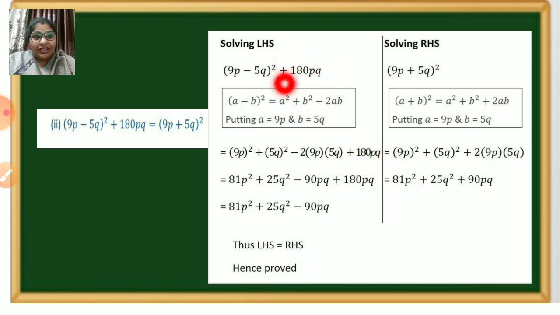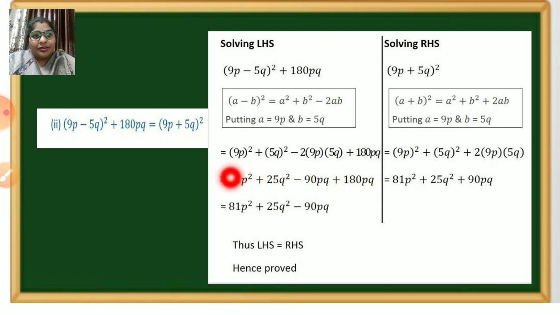We are going to add 180pq, it is given in the question. So here 9p whole square will be 81p square, 9 nines are 81, p square as it is. 5 fives are 25q square. 2 into 9 into 5 will be 90, and pq as it is, and 180pq down as it is.